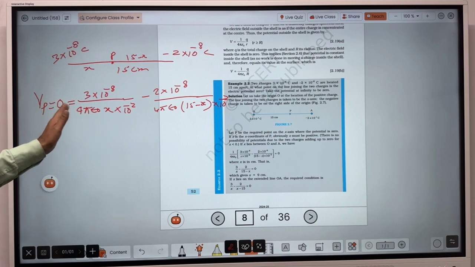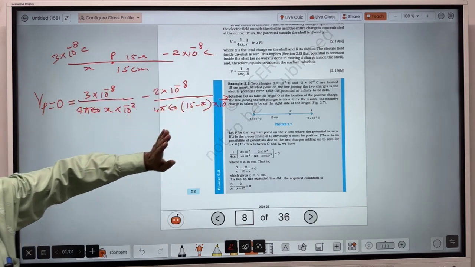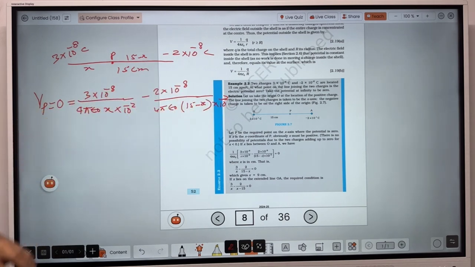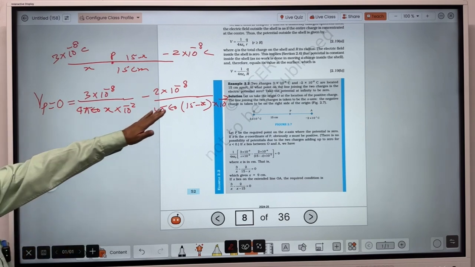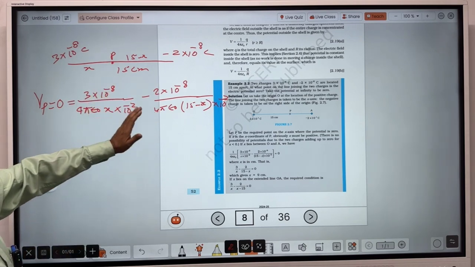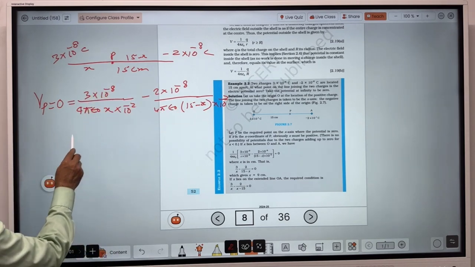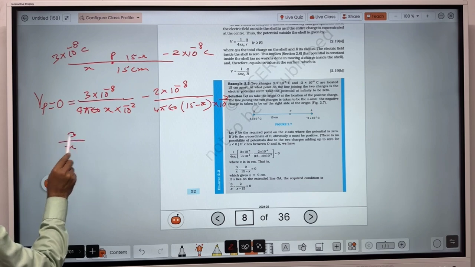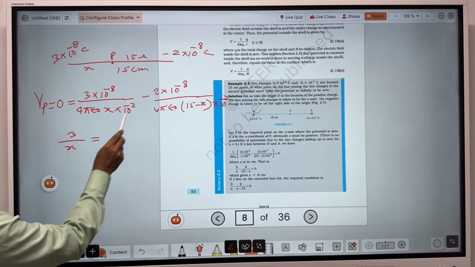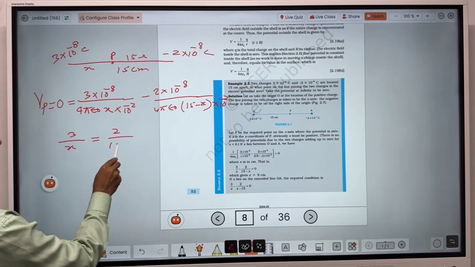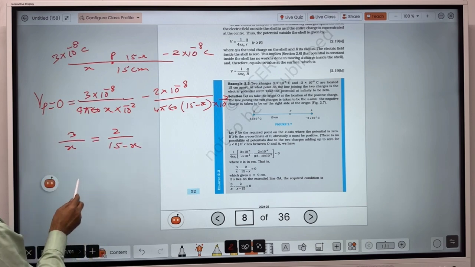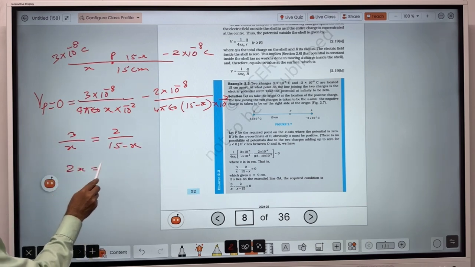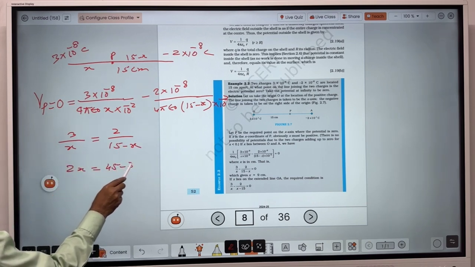If you equate it to 0, it means you can shift it to the other side. Then 4 pi epsilon naught will cancel, 10 power minus 8 will cancel, 10 power minus 2 will cancel. So you will be left with 3 upon x equal to 2 upon 15 minus x. Make cross multiplication. So 2x equals 45 minus 3x.